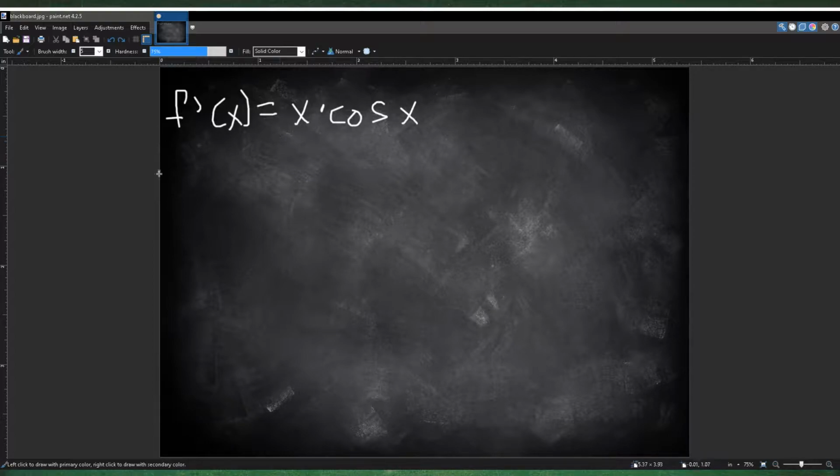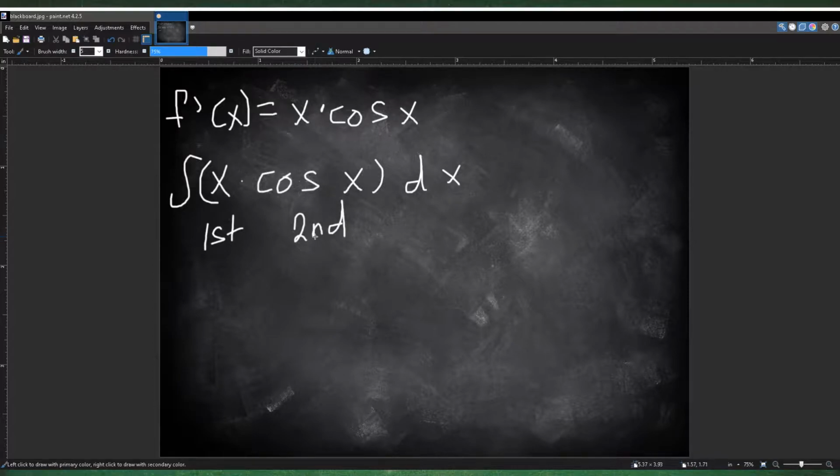So the integral of x times cosine of x dx is equal to, so this is our first and this one's our second. As I showed before in the equation, we have the antiderivative of our first times our original of our second, and then we do the derivative of the second later on.